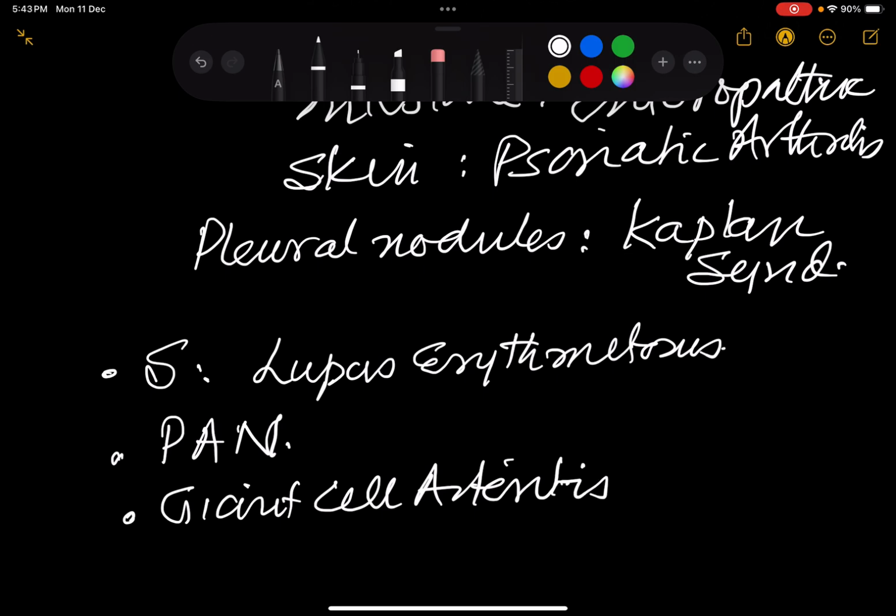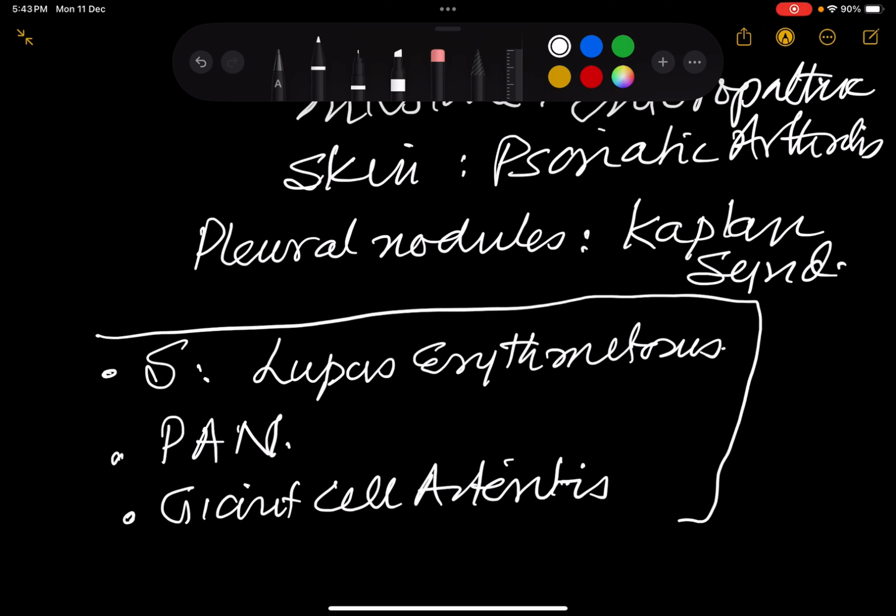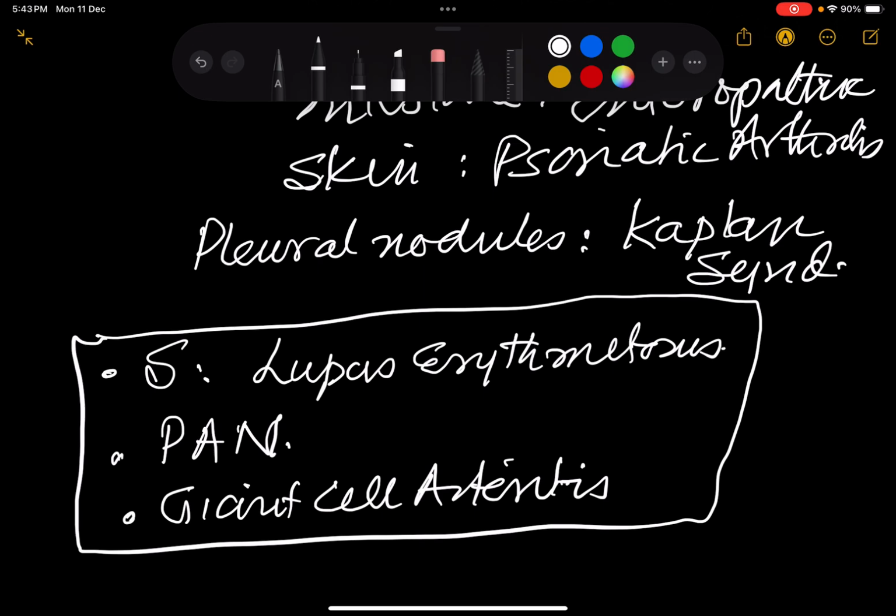So systemic lupus erythematosus, polyarteritis nodosa, and giant cell arteritis are those where the systemic involvement is predominant.